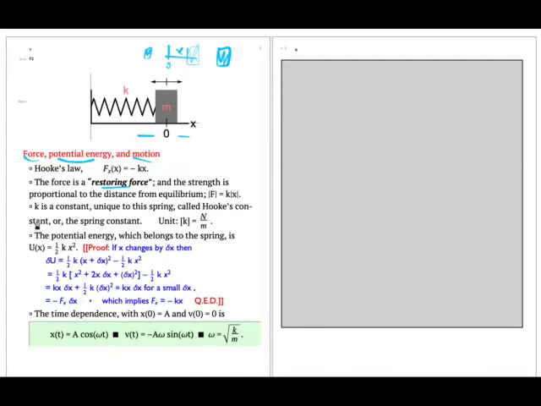That's called Hooke's constant. Or it could be called the spring constant. If you get a homework problem, you might find it gives you the value of the spring constant. That always means Hooke's constant. As for the unit of k, well, it's a force divided by a length, so it's newtons per meter.